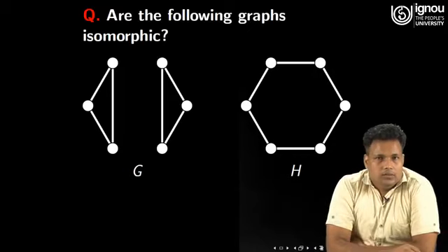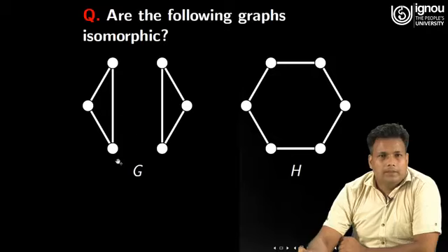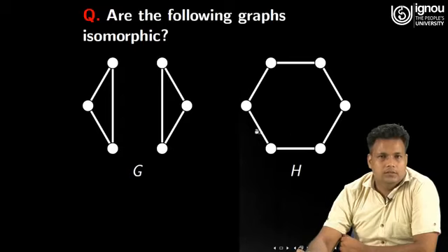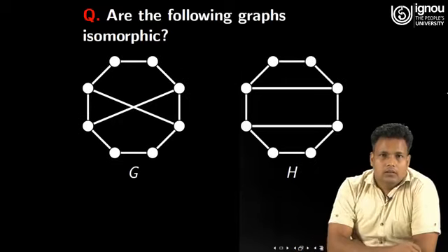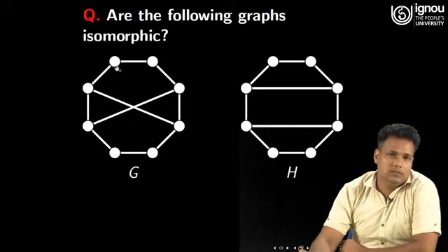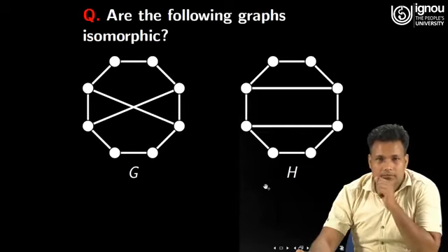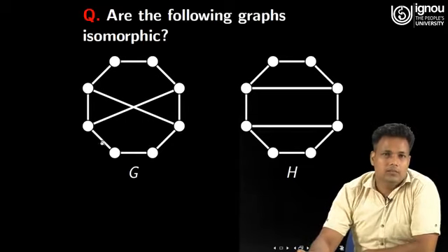Let's look at now this question. Are the following graphs isomorphic? It is clear that G is disconnected and H is connected, and hence G and H are not isomorphic. Now look at these two graphs. You can see that both G and H have the same number of vertices, that is, both have 8 vertices, and both have the same number of edges as well.